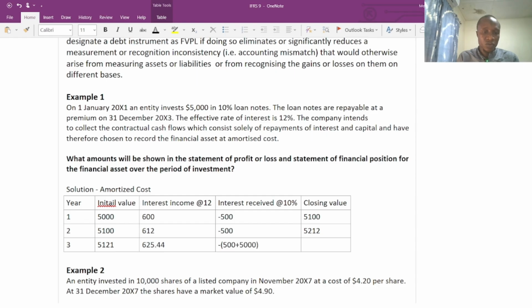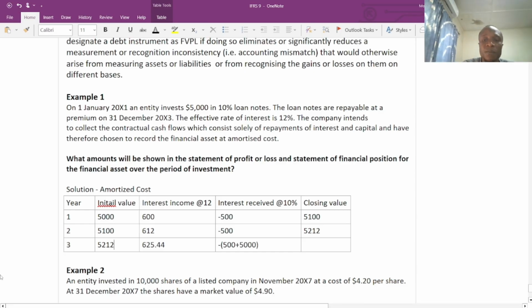This is 5,212 plus 5,212 multiplied by 0.12, that is 625.44. So basically, this is how we are going to account for this particular transaction.